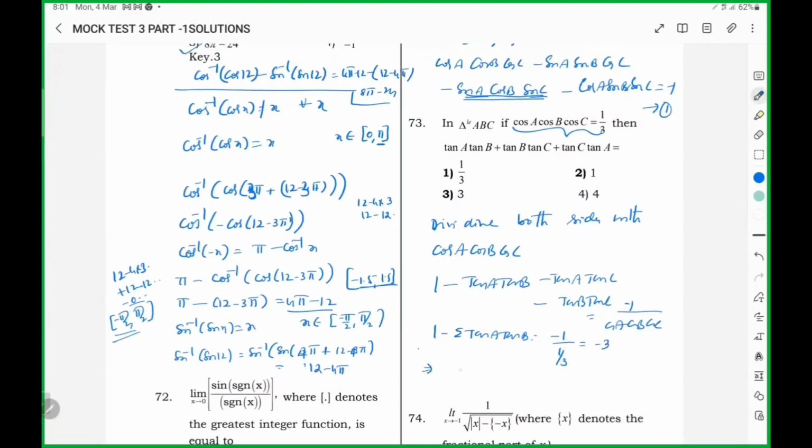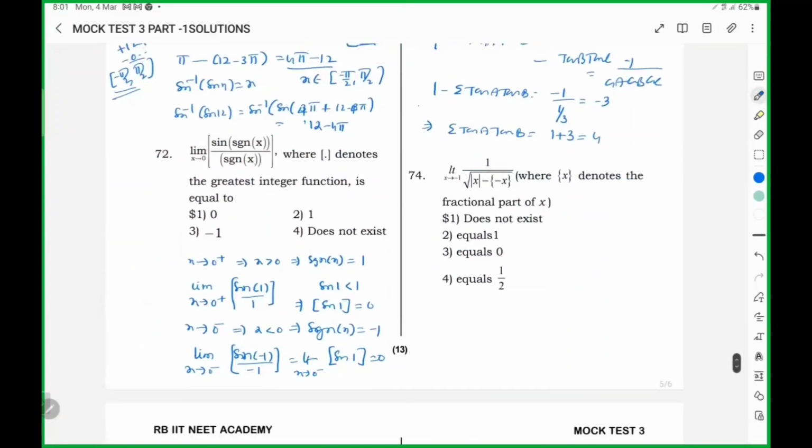So from here sigma tan a tan b is 1 plus 3, which is 4. That is the answer.